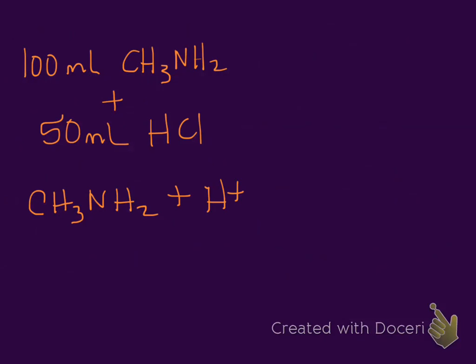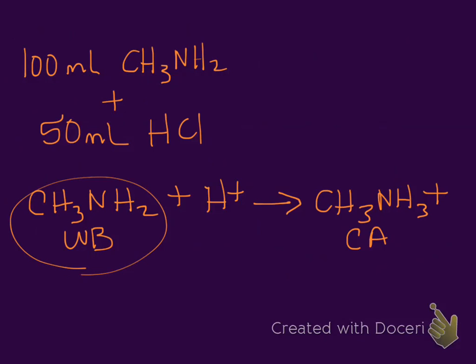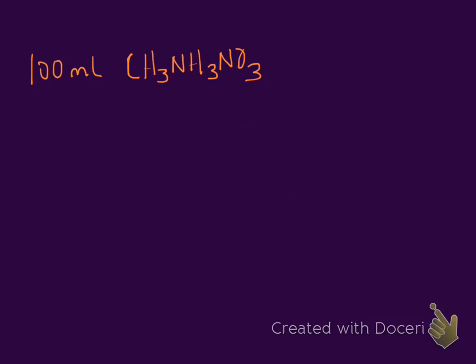With the strong acid, the reaction arrow only goes one way, forming CH3NH3+. So that forces it to make the conjugate acid. And we have here our weak base. We have a weak base and its conjugate acid. This is a buffer.